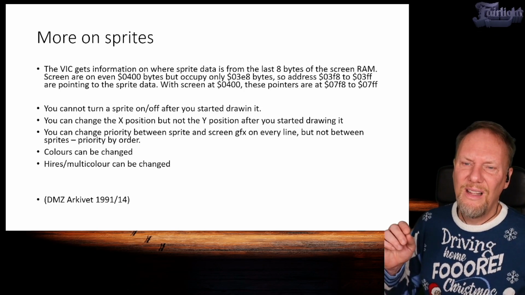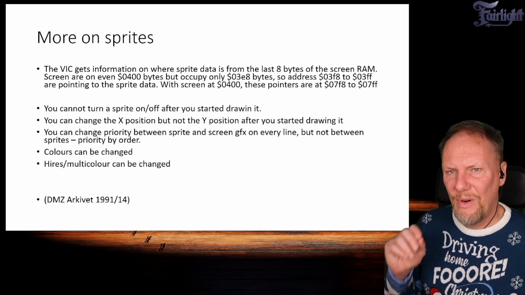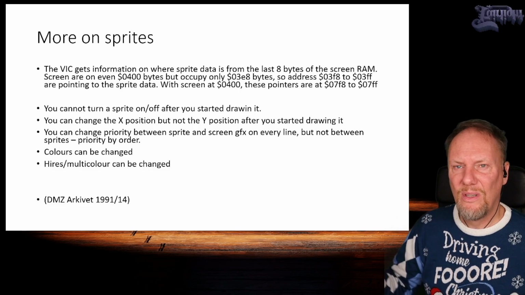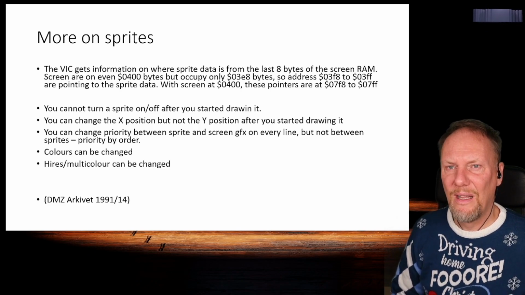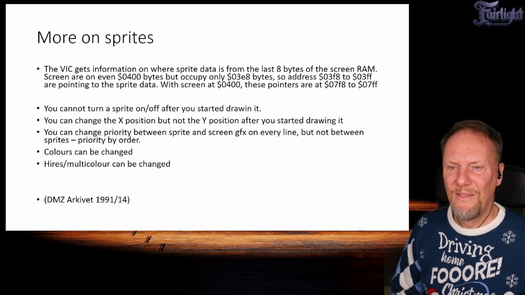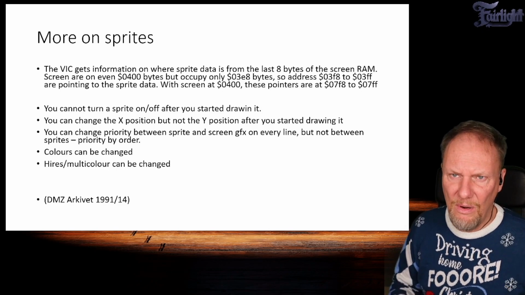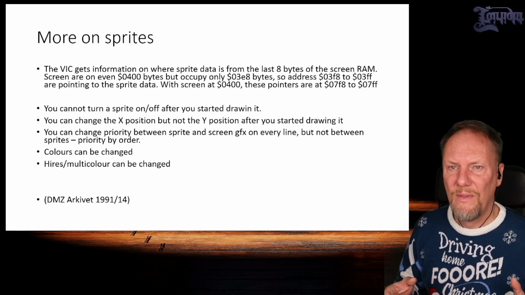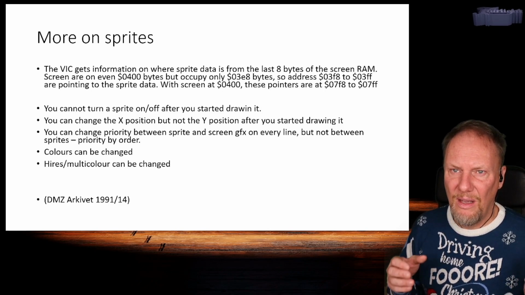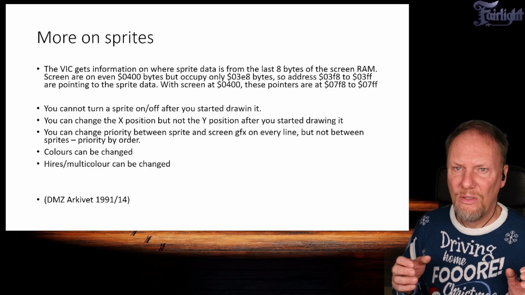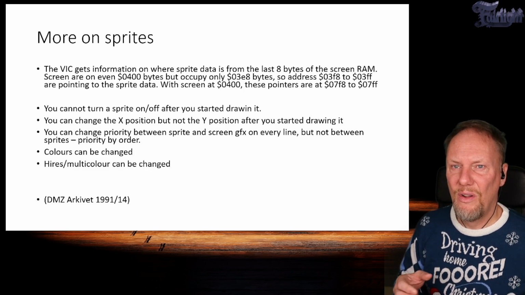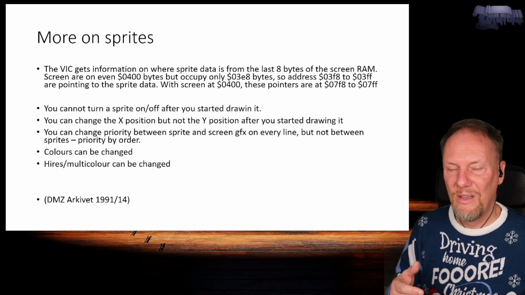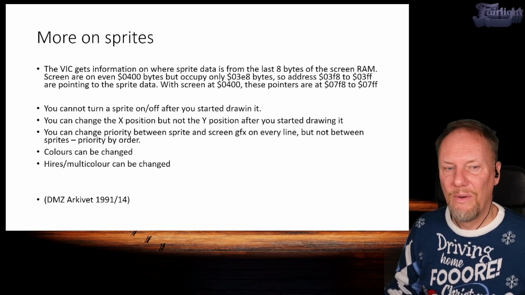But at least you set the relevant pointer to which of the sprite positions inside the VIC bank where you could find the sprite data. So in the normal case, the screen sits at 0400 when you boot it on. That means that the pointer to sprite data sits on 07F8 for sprite 0, and then onwards for the rest of the sprites.